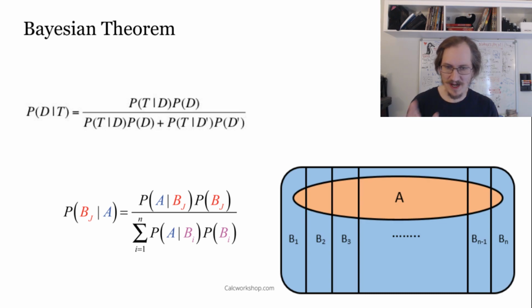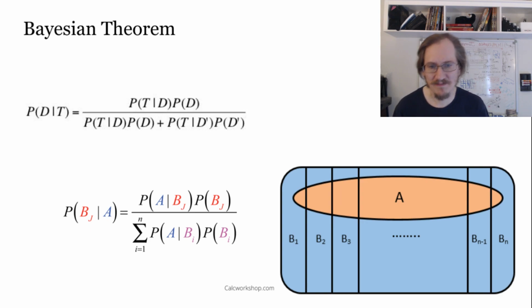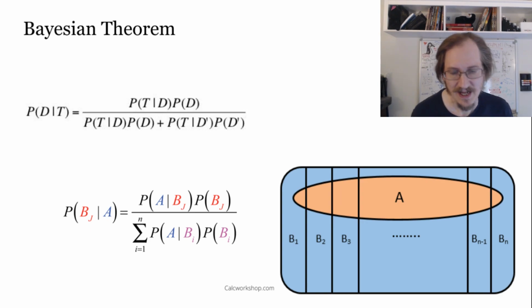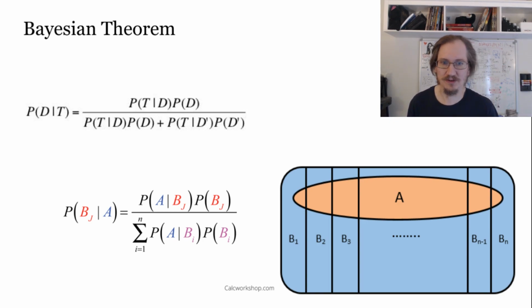We know A is true, and we can calculate the probability of A given BJ. It's just the probability of BJ being true, independent of A, times the proportion of A that is in BJ. That is the A given BJ, and we can just look at that.